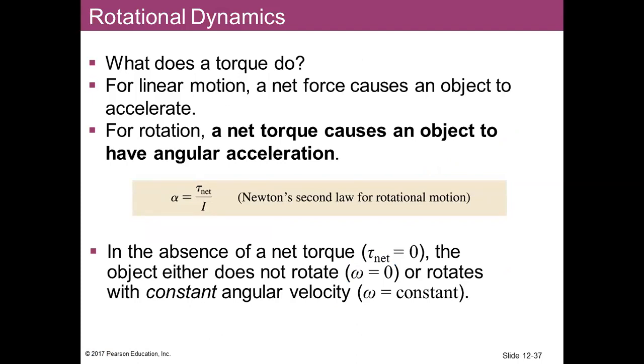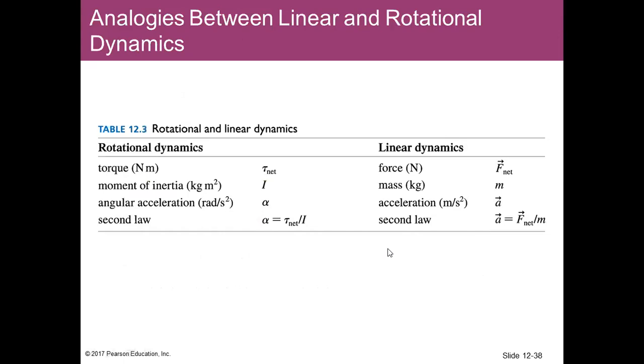A net torque causes an object to have angular acceleration. So we use Newton's second law for the rotating object. In the absence of a net torque, the net torque is equal to 0. So torque is measured in Newton meter. Moment of inertia is denoted by I, which is measured in kg meter squared.